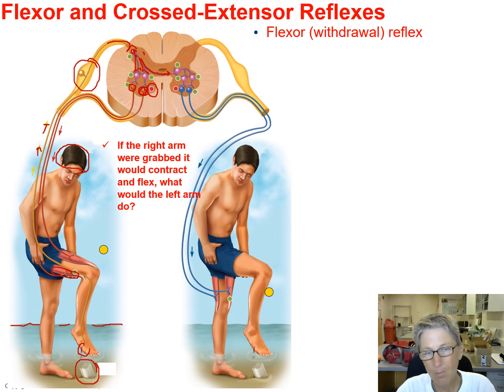At the same time that you're flexing your knee to pull your foot away from the cut glass, you have to stabilize yourself. So you have to have information sent over to the other leg, and that's what you do. So this interneuron sends information from one side of the cord to the other side of the cord, and then these interneurons will cause your quadriceps muscle to contract to stabilize you, and it'll inhibit the hamstring muscle.